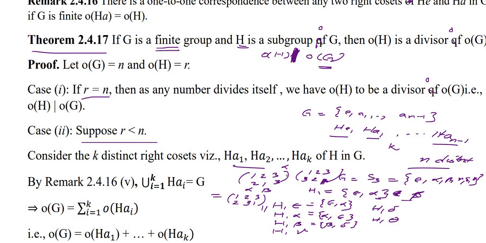So cyclically it comes, and this is nothing but delta. So we have alpha beta to be delta.